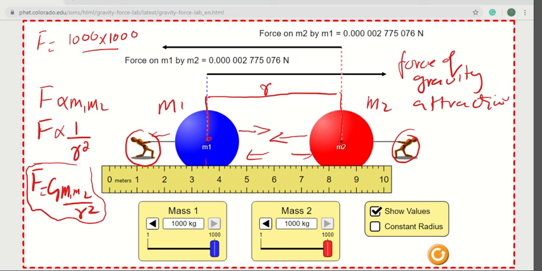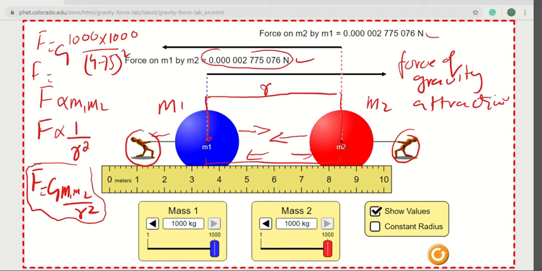From here to here, it is approximately more than 4.5, so it is 4.75 meters. So 4.75 meters squared, and the G value. If I plug in the value of G and simplify this expression, I will get exactly this amount of force for this particular case.